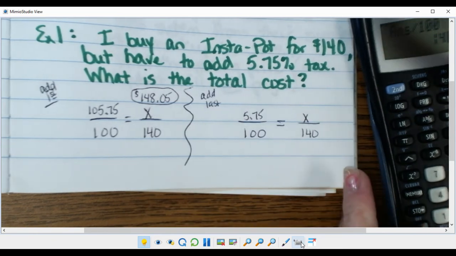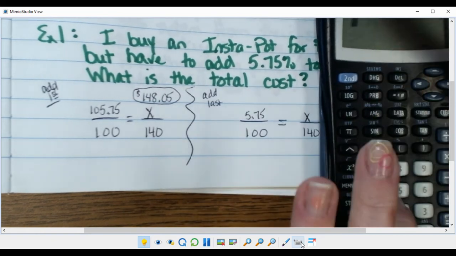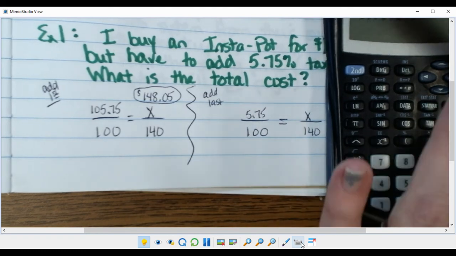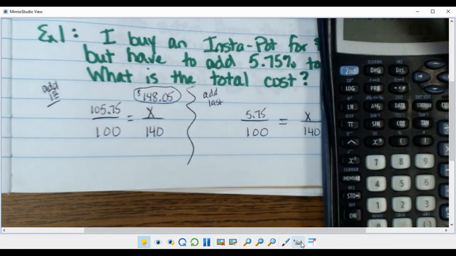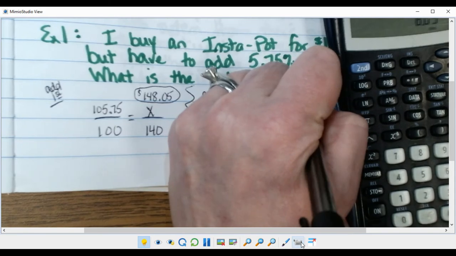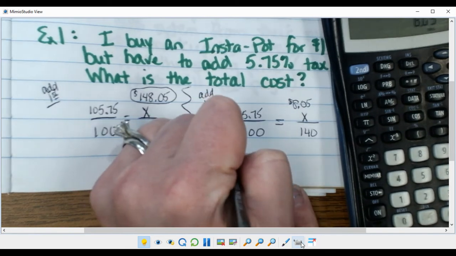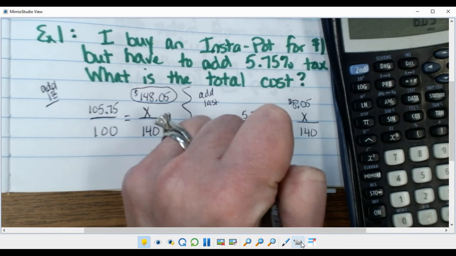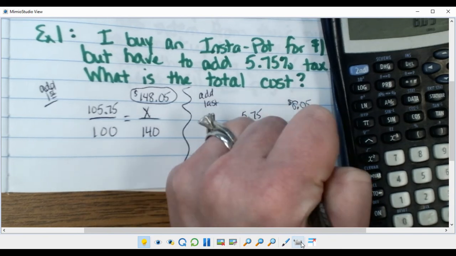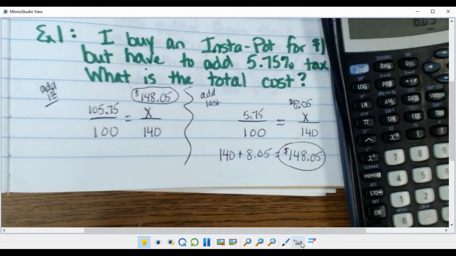All right, so this time, 5.75 times 140 divided by 100, $8.05. But that is not my answer. That is the extra. So then I have to remember to do this extra step at the end. I get the same answer.